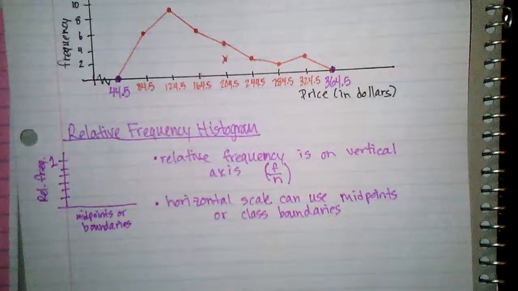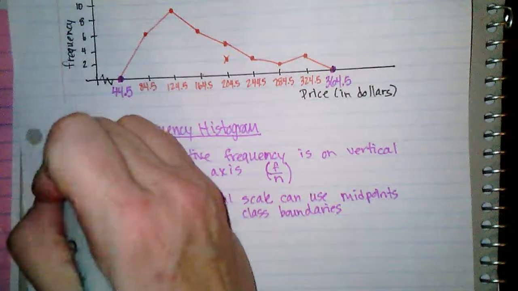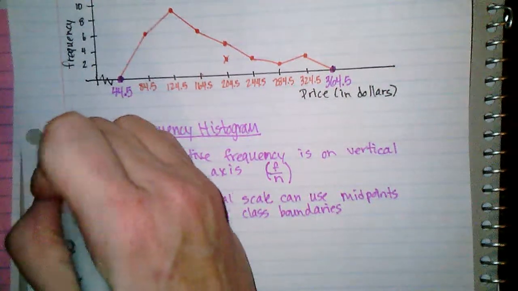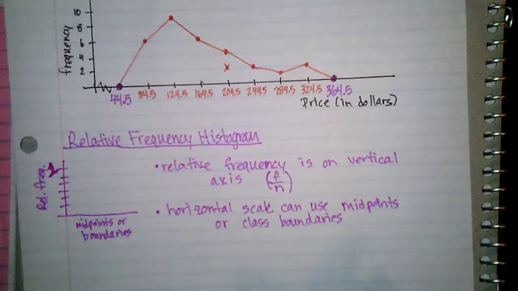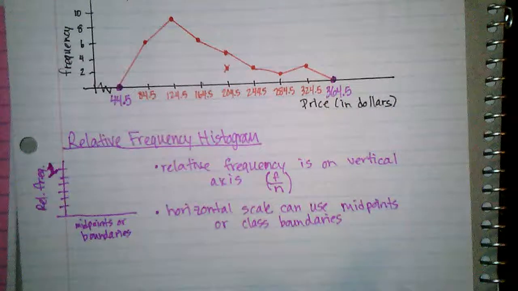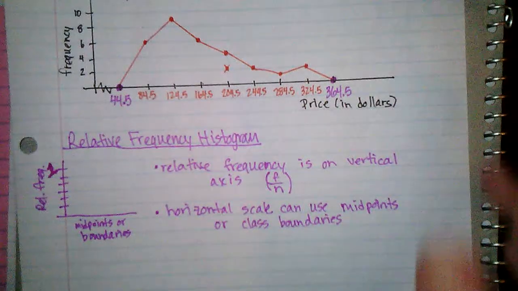It can't go any higher than 1 because that's 100% of the data. So you'll be able to tell a relative frequency histogram if the scale is like 0.1, 0.2, 0.3 and doesn't go any higher than 1.